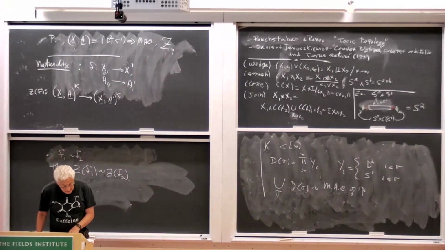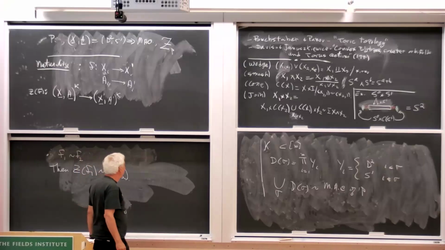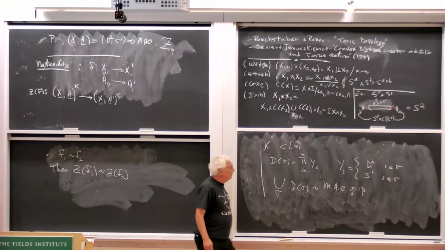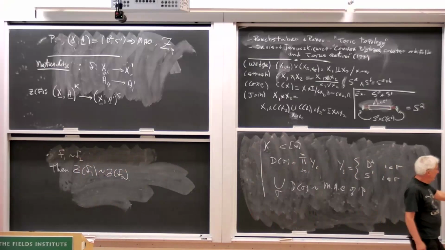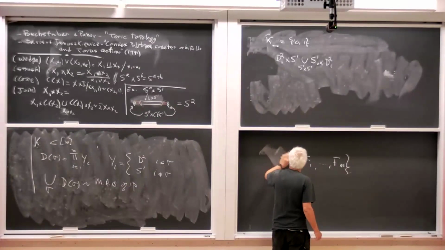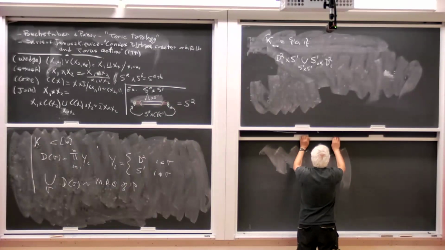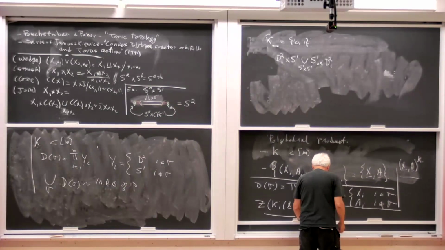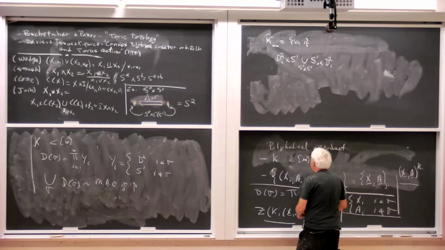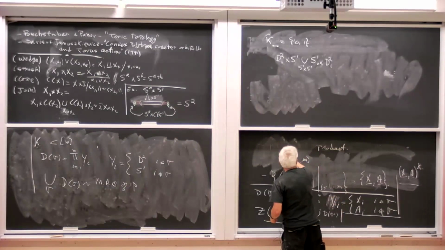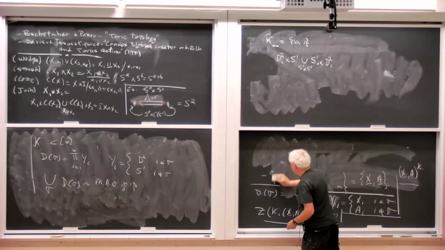More interesting, perhaps, is the functors, how it behaves with respect to maps on the simplicial complex. So I'm going to leave this up here. We're going to need this here. And this idea goes to Strickland.